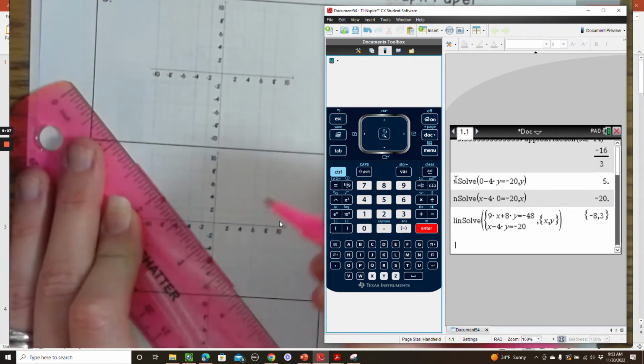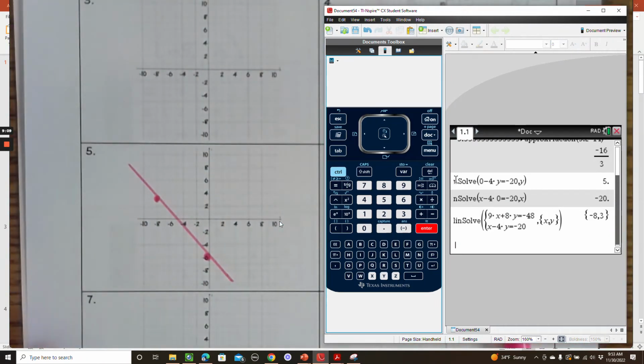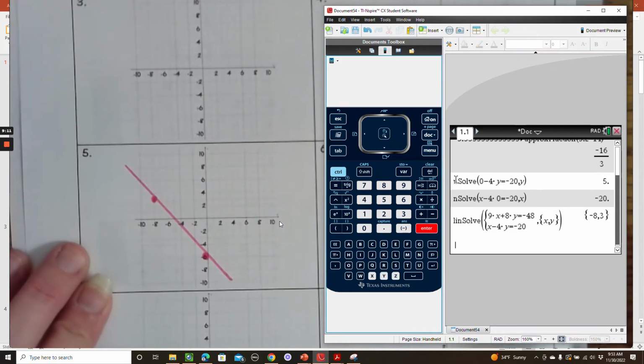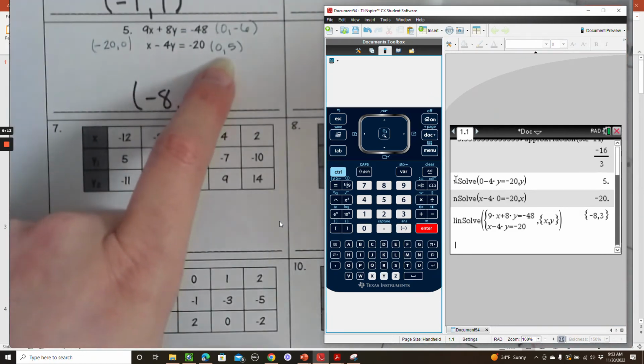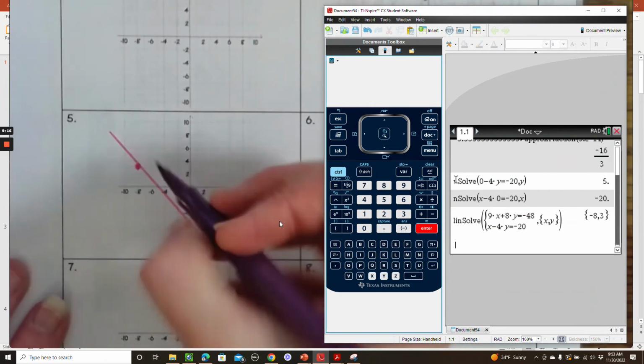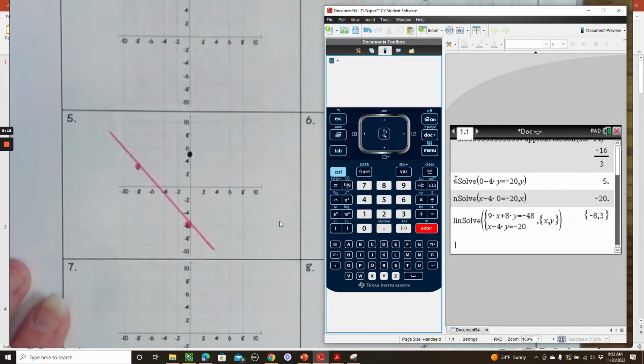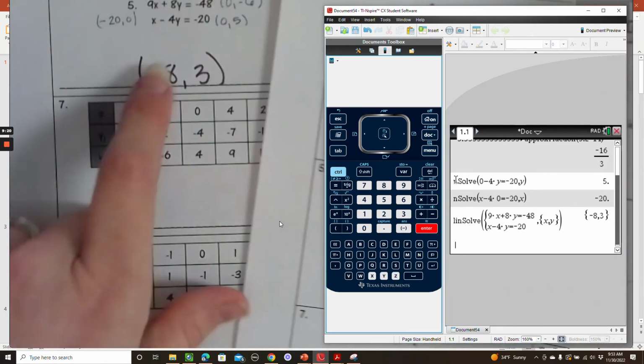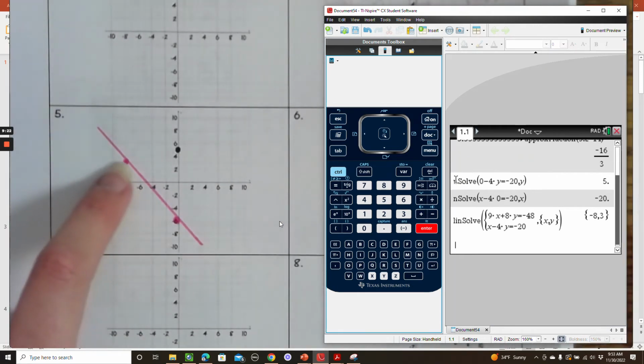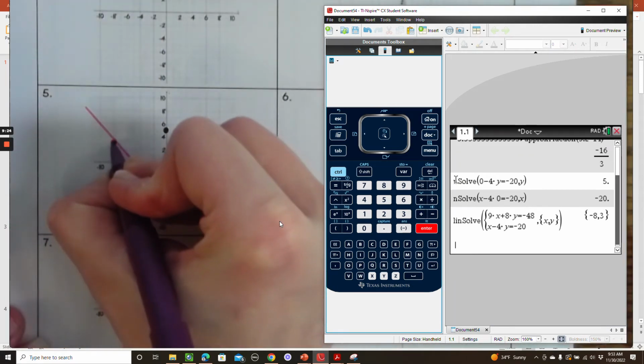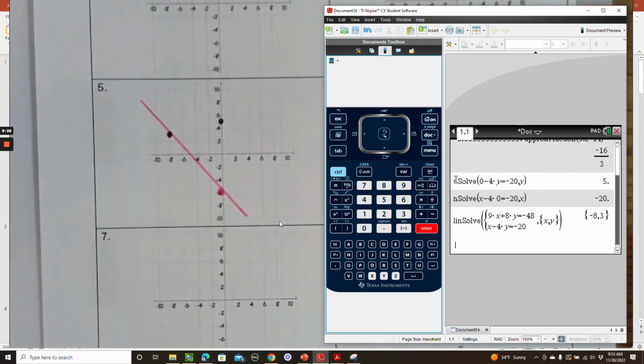And so that's my first line. And then for my other equation, 0 comma 5, that's my y-intercept. And then that negative 8, positive 3, that's this point again, is good for that line as well.